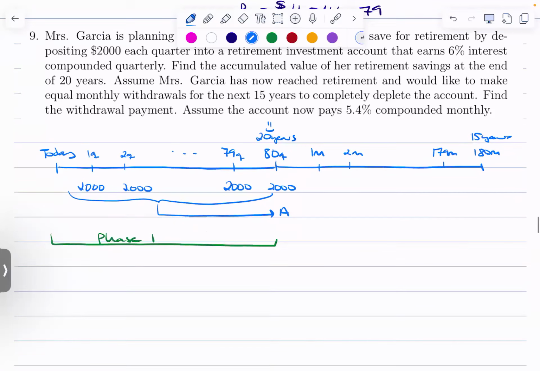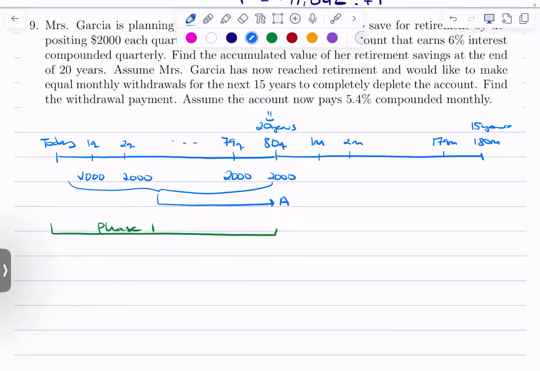179, 180. And she wants to withdraw some unknown amount, M. But all she has to pull from is this A, right? But these M's, when I pull them back, have to be worth some P, right?